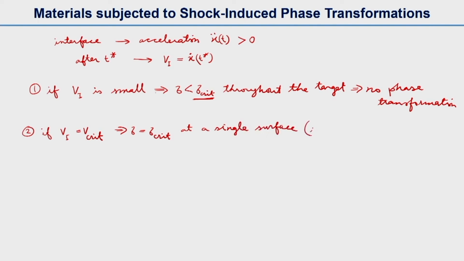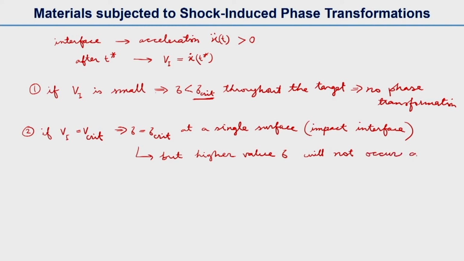That is the impact interface, but although the stress sigma has the critical value, a higher value of sigma, higher than sigma critical, will not occur at any time within the target.